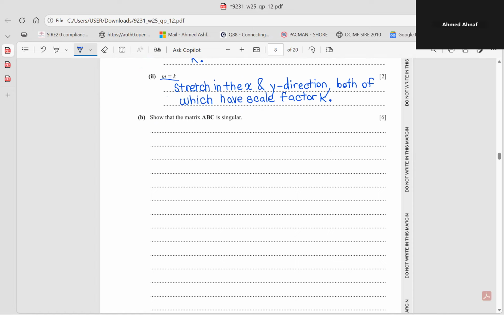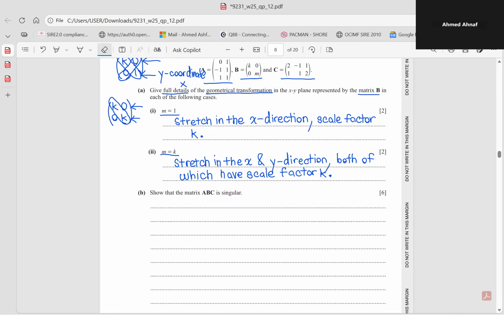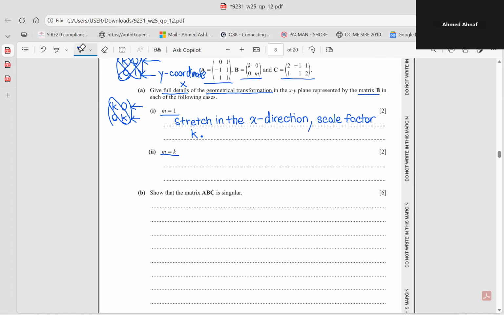Okay, so before I get started with this next part, I realized I made a mistake in the first part, for part a, part 2, so m equals k. So instead of saying stretch in both the x and y direction, you can just say it's an enlargement of scale factor k, okay? So yeah, this is an enlargement.